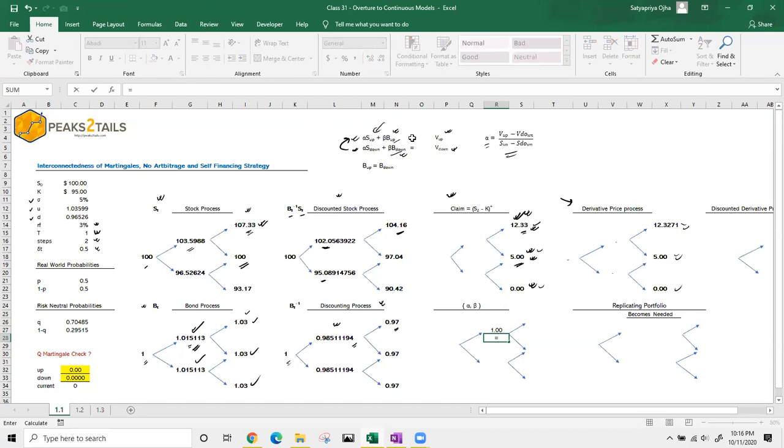So I'll use the first equation, which is V up minus alpha S up divided by B up. B in the up state is this, correct? Okay, right?